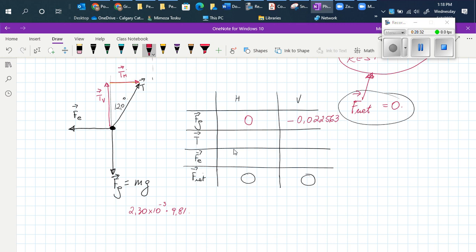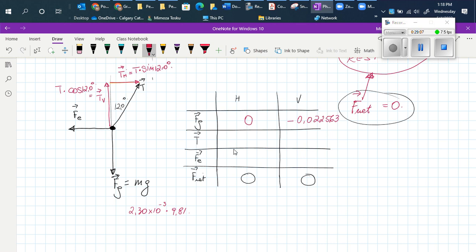However, we can say that this vertical component, since it is the adjacent of the 12 degree angle, is T times cosine 12 degrees. Agree? And then, since the horizontal component is the opposite of 12 degrees, it will be T times sine 12 degrees.